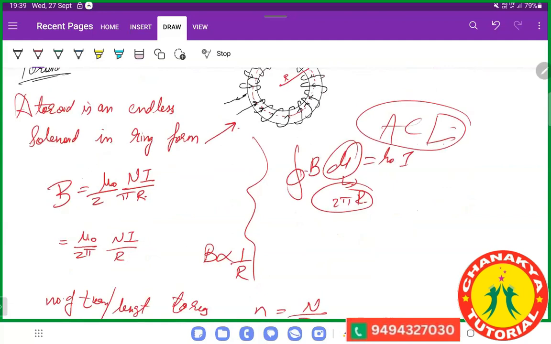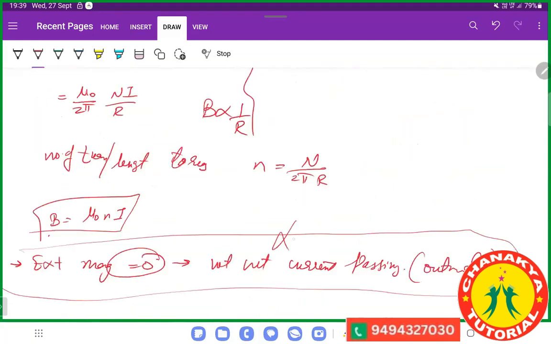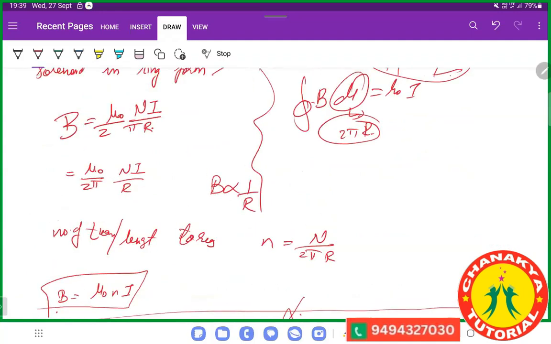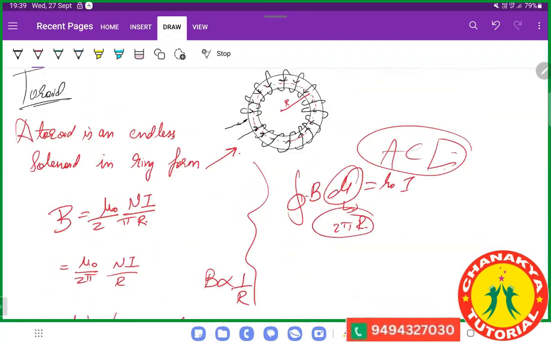So don't get confused with this statement. If you are getting confused with the statement, leave it.